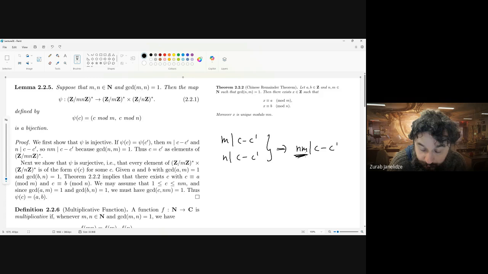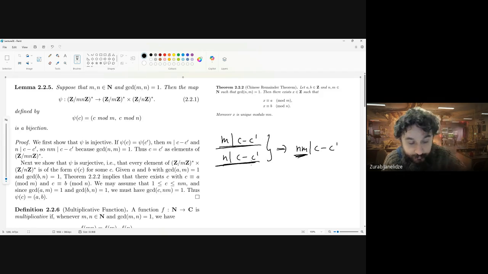But in order for this divisibility to hold, we need every prime factor of nm to be also a prime factor of c minus c prime. And we know we can do that because individually on the m side and the n side, this already happens thanks to these divisibility relations.